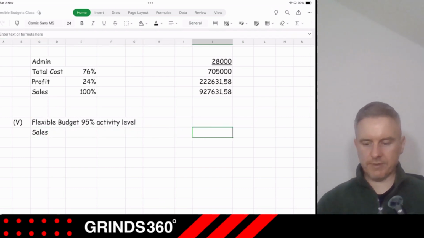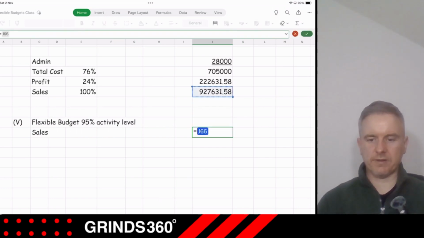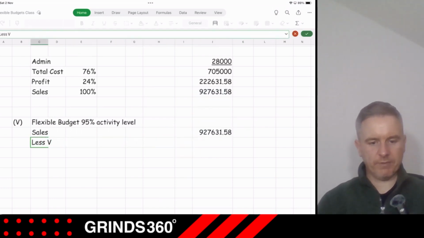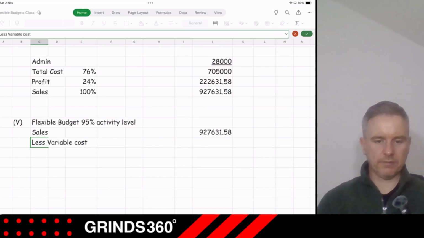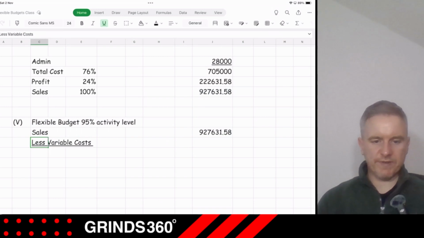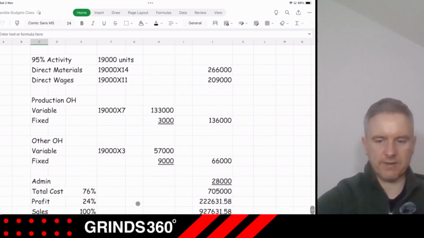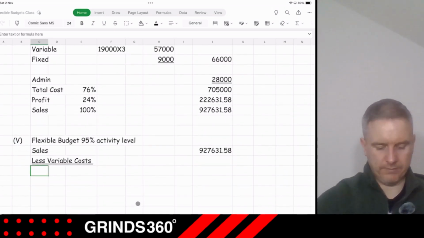So I'm coming along and I'm taking the sales figure from above. So I'm saying that sales figure is the 927631 less my variable costs. So because of the way we've set this up, we're just going to be able to go back up and say, right, direct materials 266, direct wages 209.